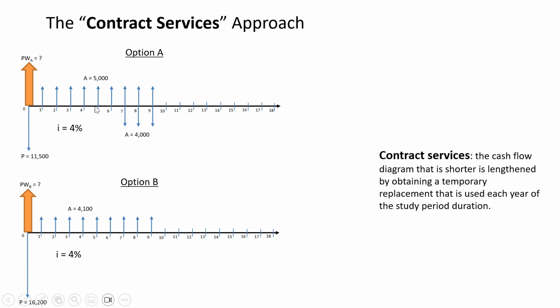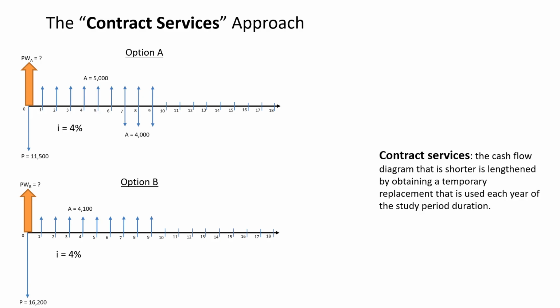So instead of buying it for $11,500, let's rent it every year for $4,000, and we can assume that we still get those same revenue amounts of $5,000 for option A. So that's contract services. To apply this method, you have to know how much the equipment would be to rent, so you get an estimate from a supplier for rental services for the temporary duration that it's needed.